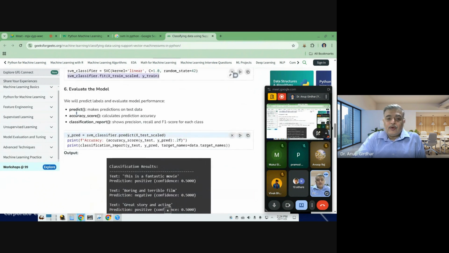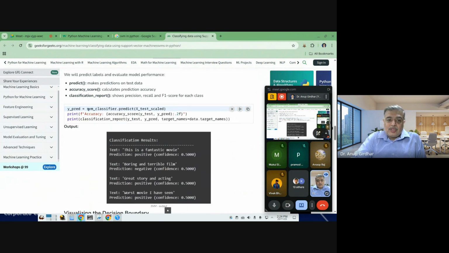Now further we go for predict, accuracy score, and classification report. Simply call svm_classifier.predict on the X_test_scaled values. You get y_predict, and on this you find the accuracy score, where you pass y_test and y_predict, with the percentage to two decimals.